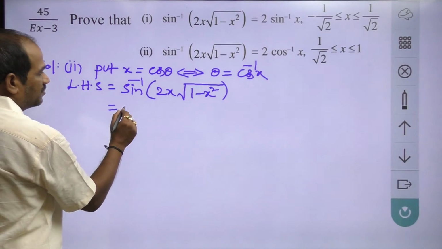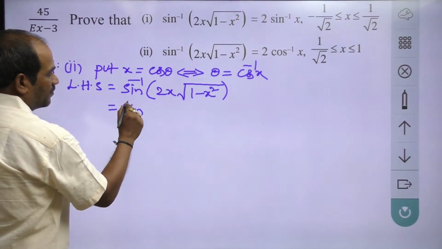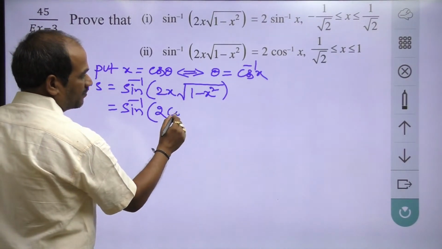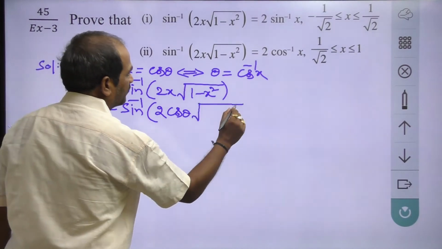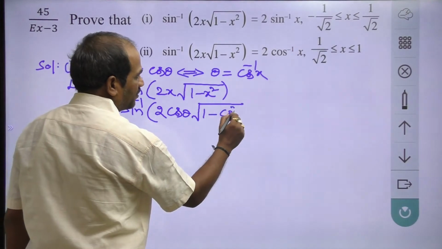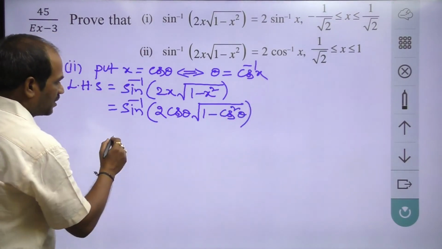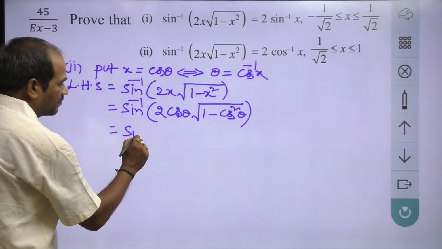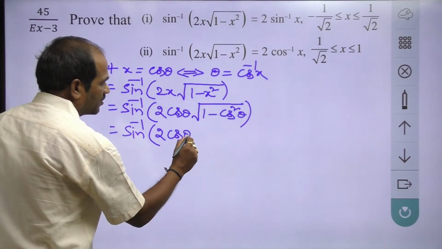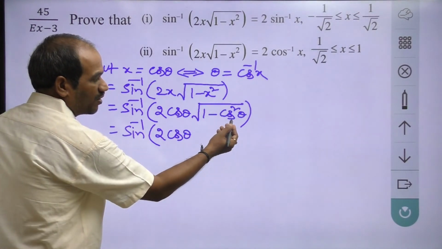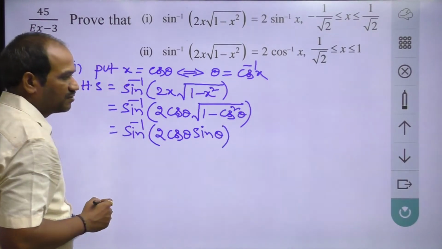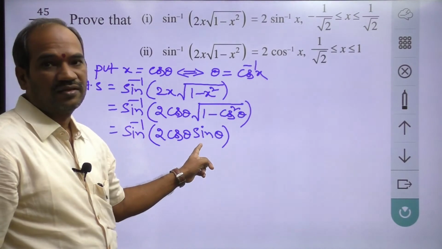So that is equal to sin inverse of 2 into cos theta into the square root of 1 minus cos square theta, since x square is cos square theta. The root of 1 minus cos square theta is sin theta.